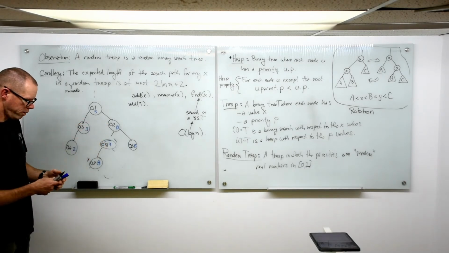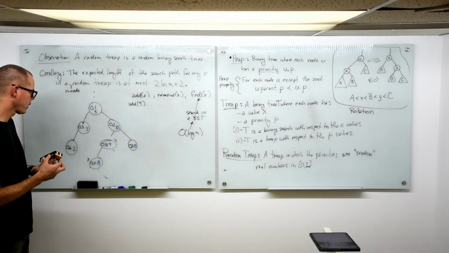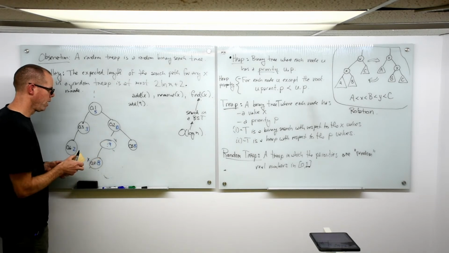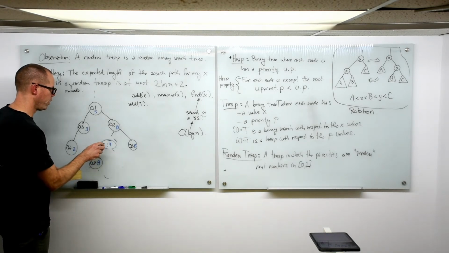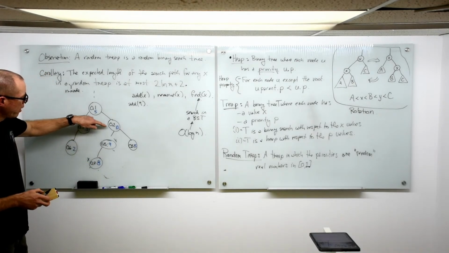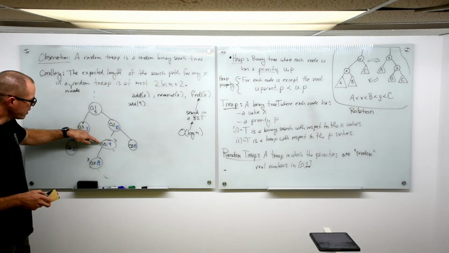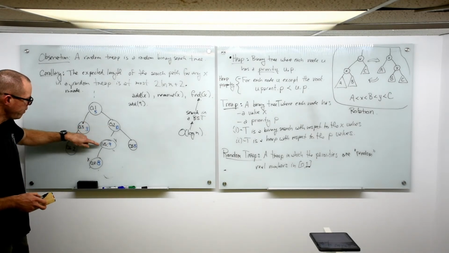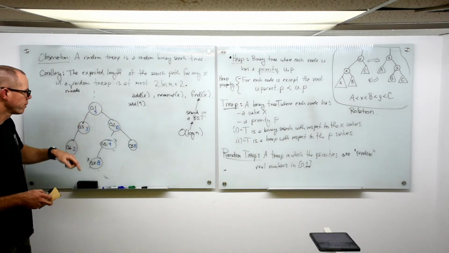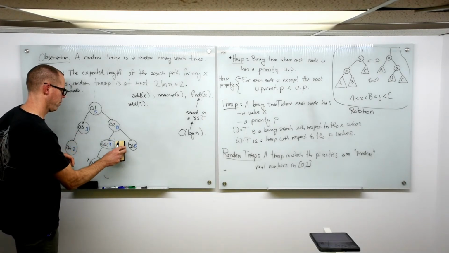If I had picked something smaller, like let's imagine instead of picking 0.33, I had picked 0.15, then I would not be done. I still have a problem because the heap property is fixed here, but now it's broken here between these two. But that's okay.